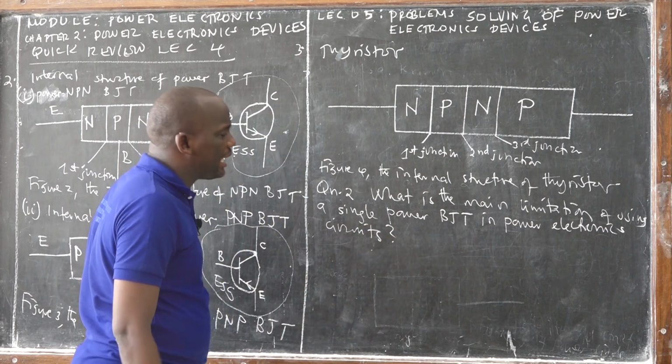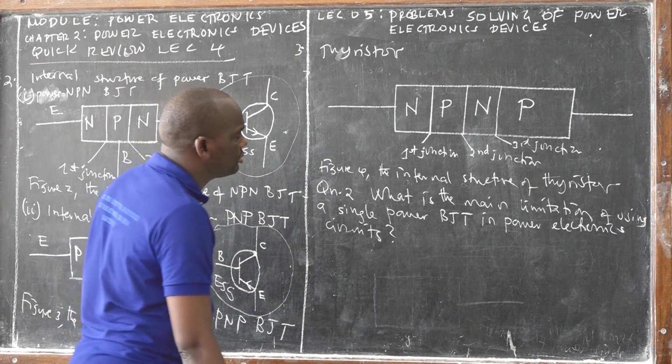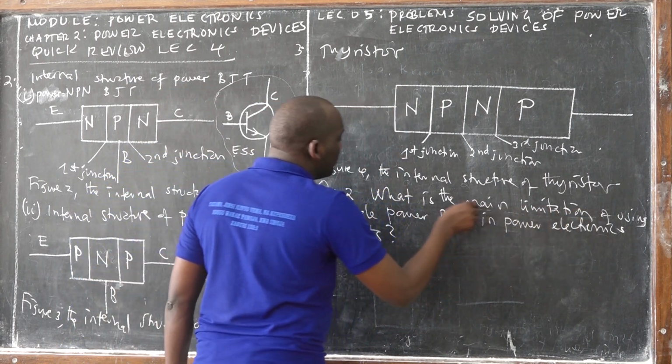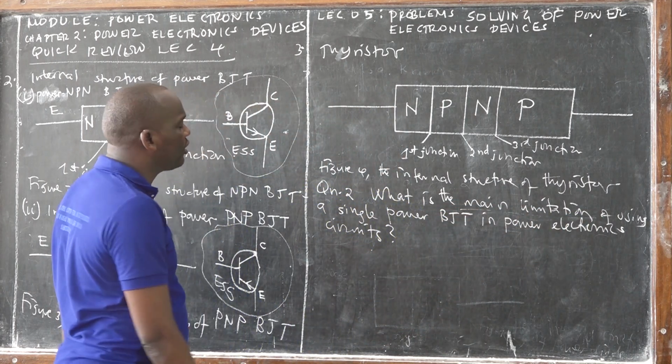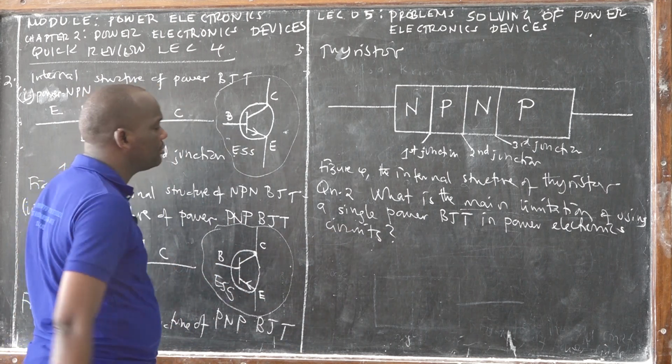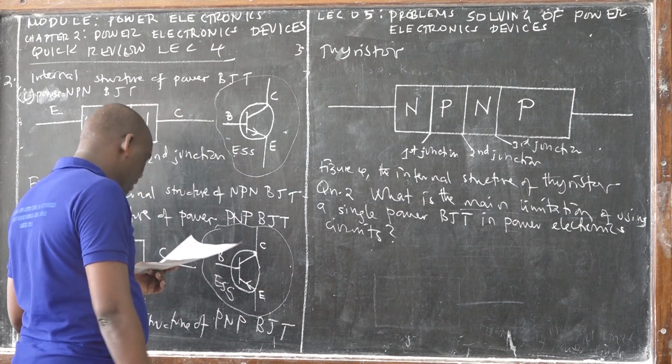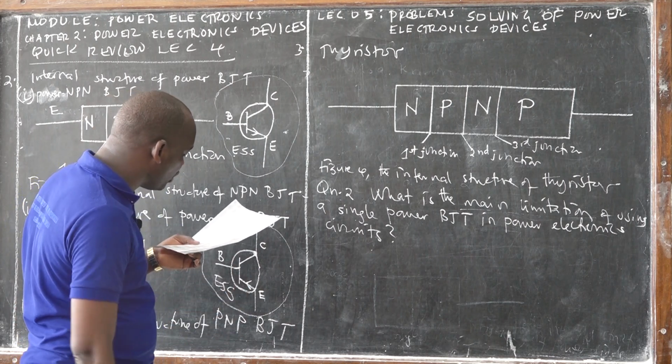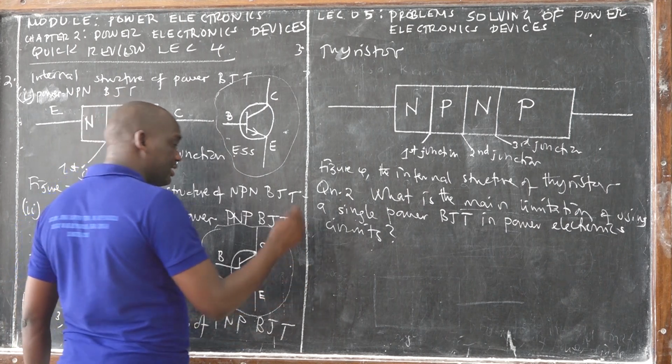So what is the main limitation? The answer is the main limitation of using a single power bipolar transistor is this one.